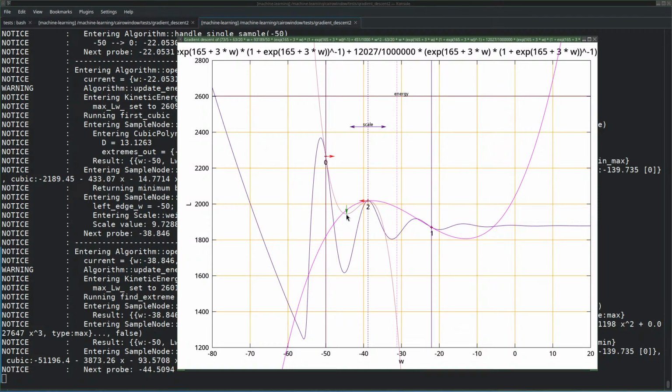The reason is we have 2 cubics, this one and this one. And we are looking for a minimum. This cubic has a minimum that lies between 0 and 1. And this cubic has a minimum that does not lie between 0 and 1. And it had to lie between 0 and 1.